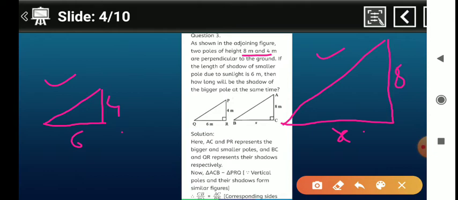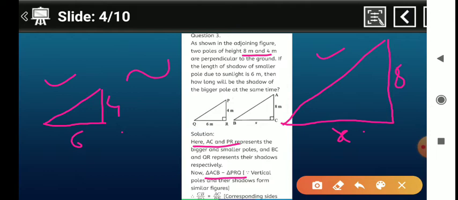similar. So, solution. Here AC and PR represent the bigger and smaller poles, and BC and QR represent their shadows. Then triangle ACB is similar with PRQ.